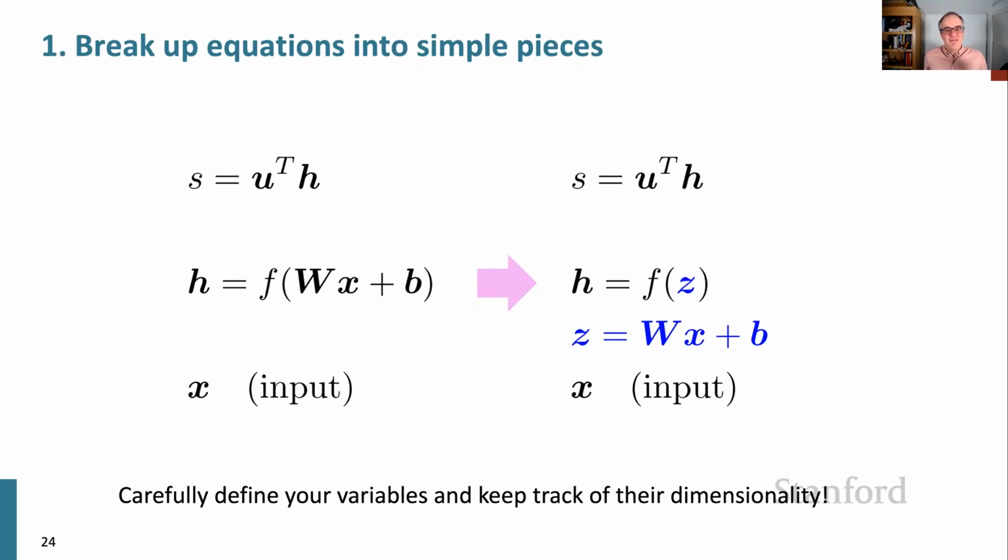It's well worth just writing out the dimensionality of every variable and making sure that the answers you're computing are of the right dimensionality. At this point, what we can see is that calculating S is the composition of three functions around X.